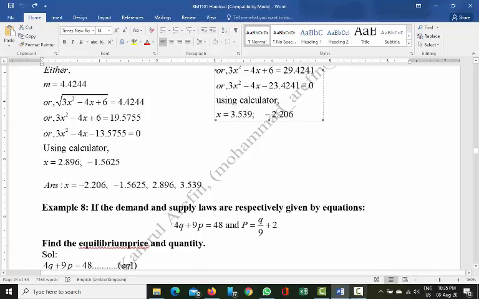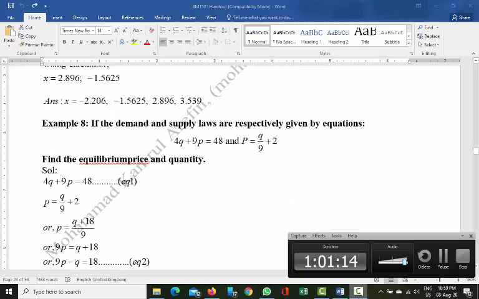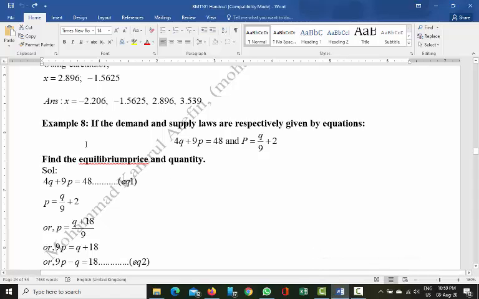Right. Now let us solve example 8. This is an example of simultaneous equations.